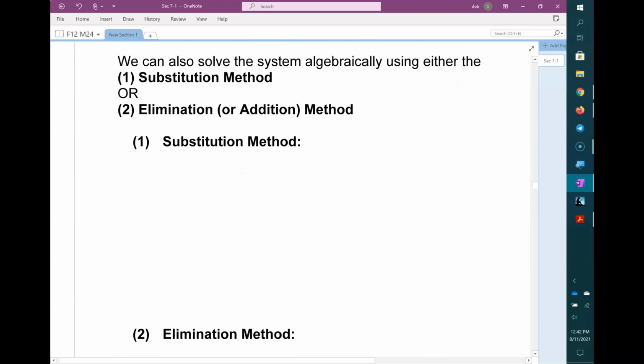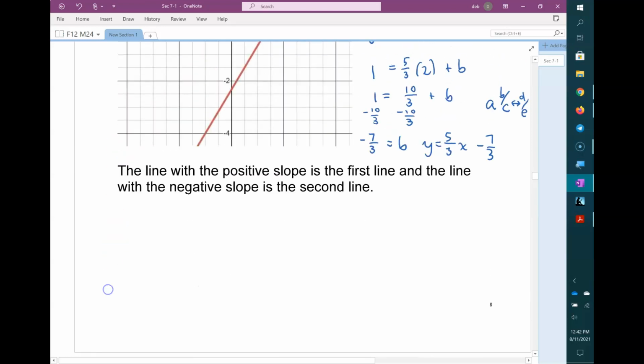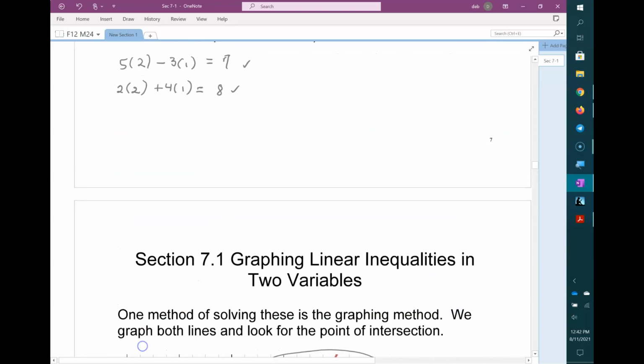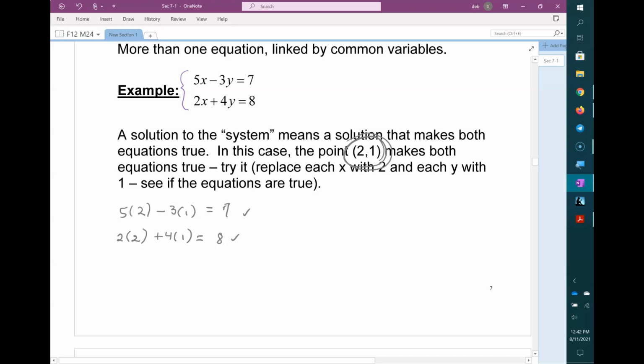We can also solve this system algebraically using one of these two methods, either substitution or elimination. And it doesn't matter to me which one you use. Most students have a distinct preference. So let me come back up to the equations of the lines. So we had 5x minus 3y equals 7, and 2x plus 4y equals 8.